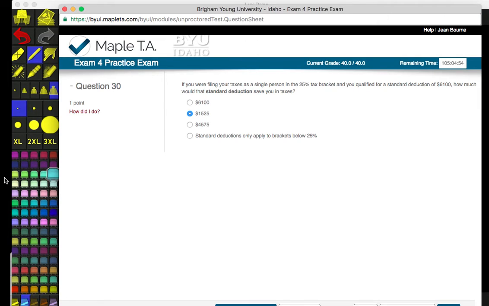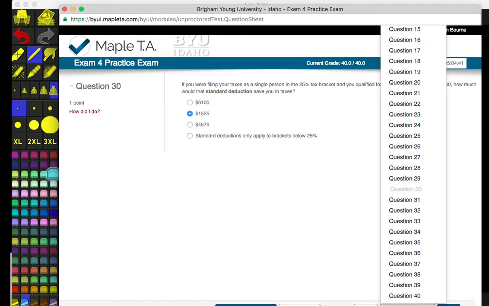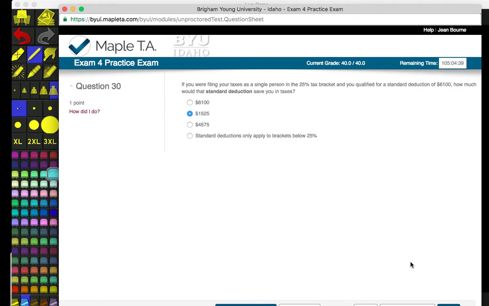Let me show you quickly another example of that, which is 37. Well, on my test it's 37. So if you were filing your taxes as a single person in the 25% tax bracket and you qualified for a tax credit, how much would the tax credit save you?